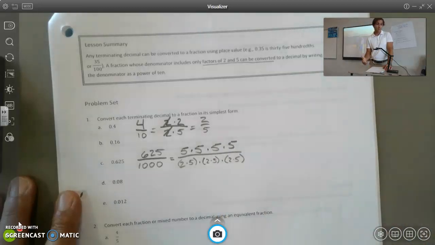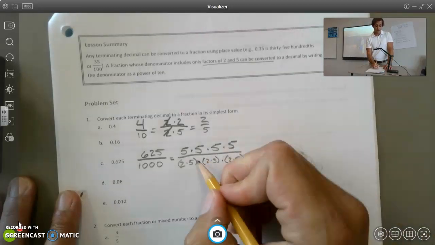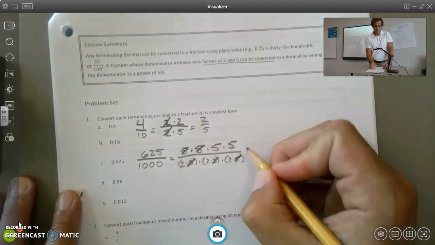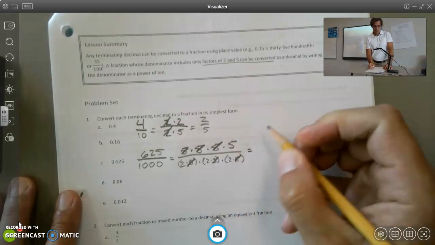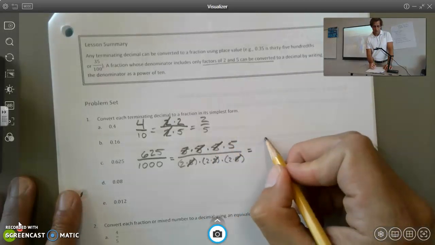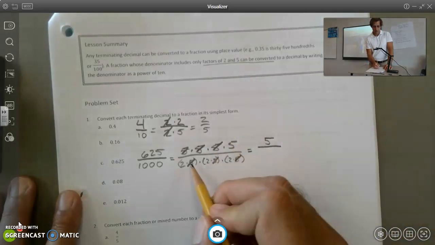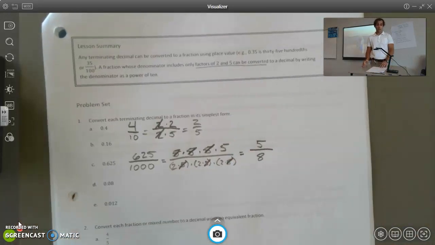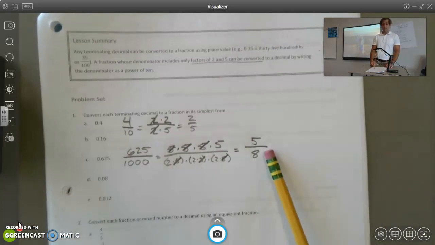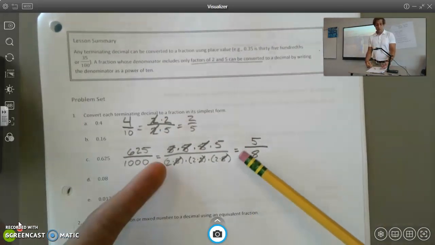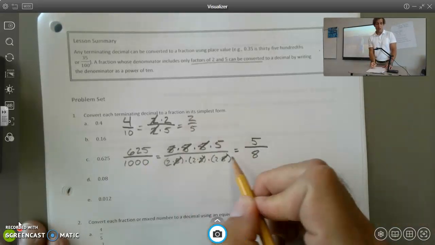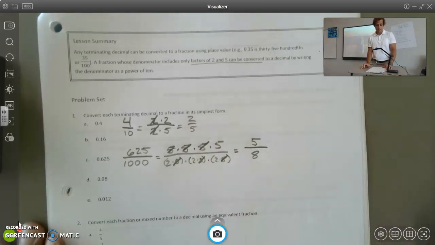So now I can simplify this by canceling out each of these 5's. And now I can see that I have 5 over 2 times 2 times 2, 8. And that cleaned up pretty neatly. We went from this large fraction to 5/8 by just doing a simple prime factorization and canceling out our common factors in the numerator and denominator.